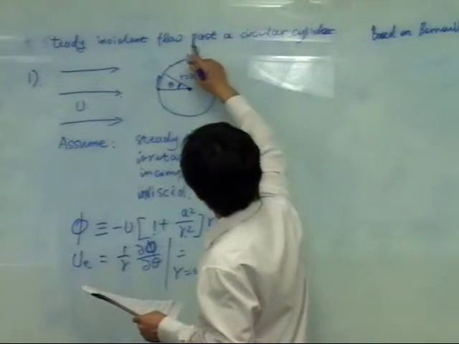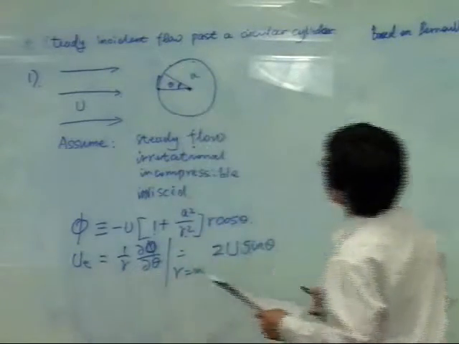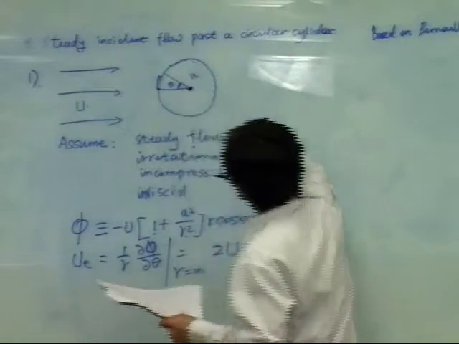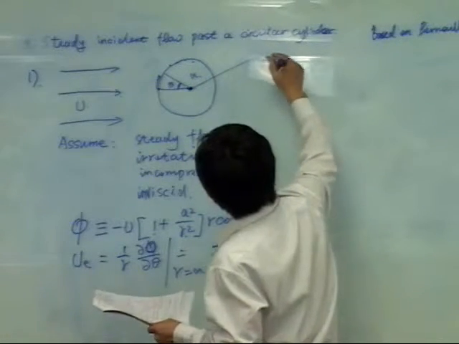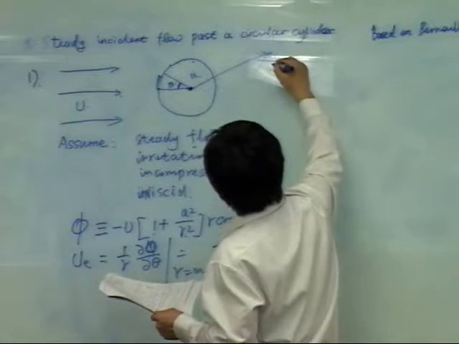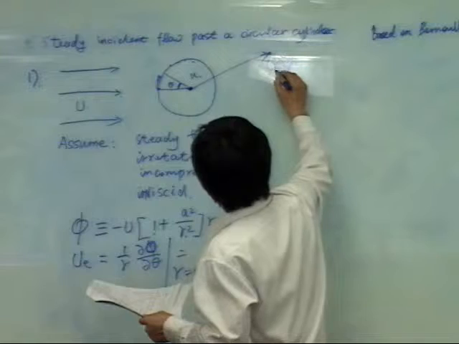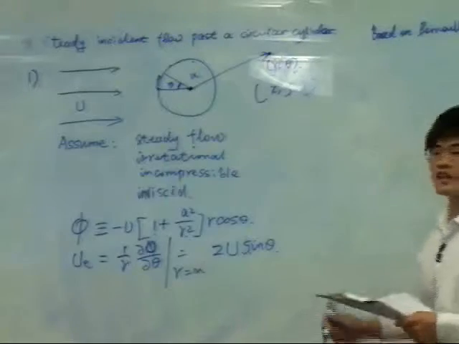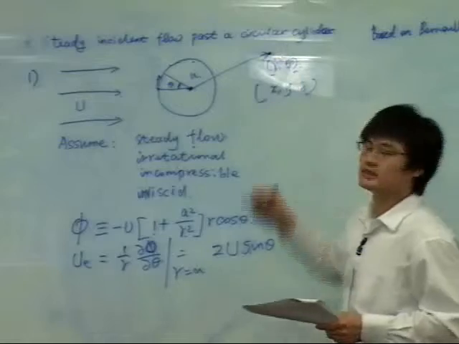A and R. A is the radius of this circle. Okay, don't get confused by this. R is the radial coordinate. If we put the origin at the center of this circle, we can find any vector here. It's (r, theta), right? This is like x, y, z in rectangular coordinates, but this is in polar coordinates.